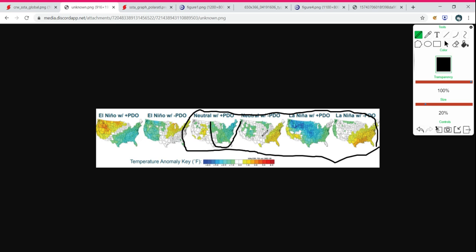But when you get a negative PDO, you get a western trough and an eastern ridge. And in La Nina, when you get a positive PDO, you get a pretty big trough across the majority of the country. And when you get a negative PDO, you get that big heat dome across the east. Generally, a negative PDO is a lot hotter than a positive PDO.